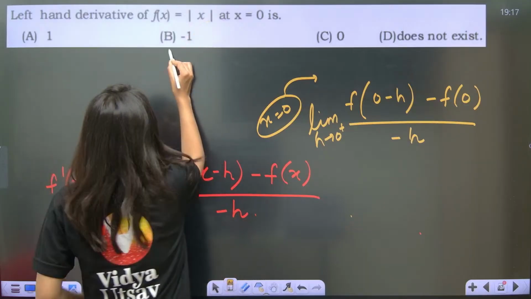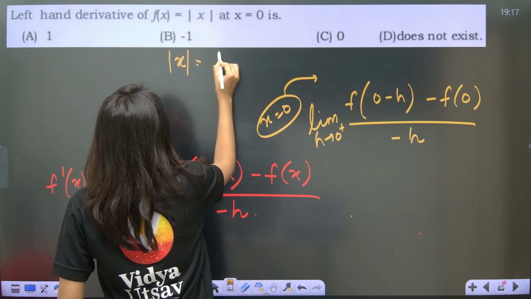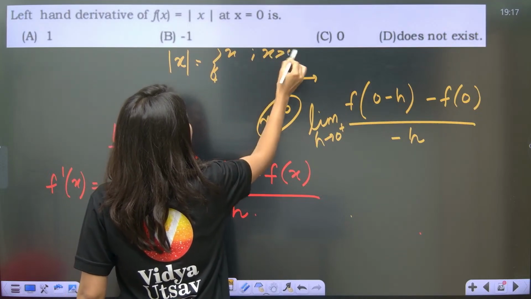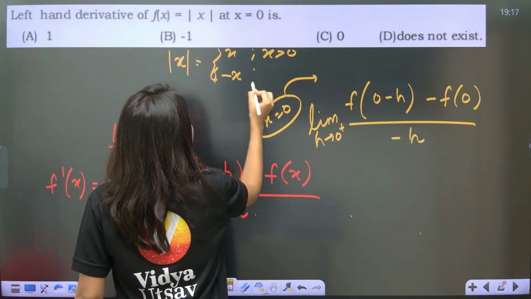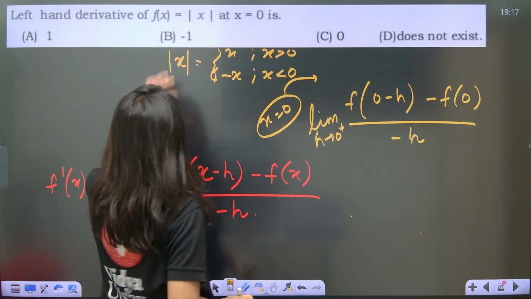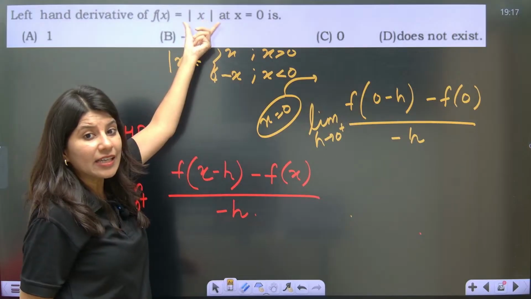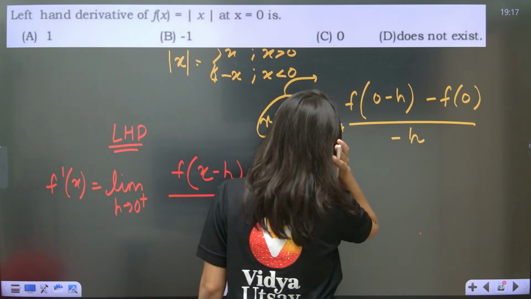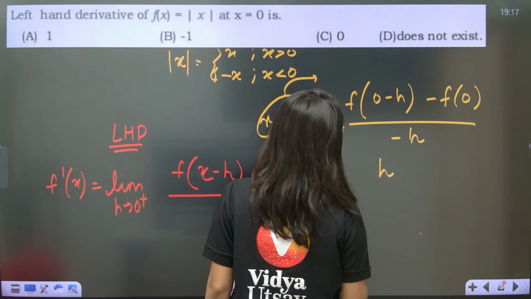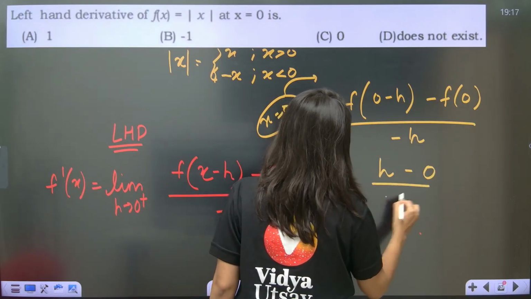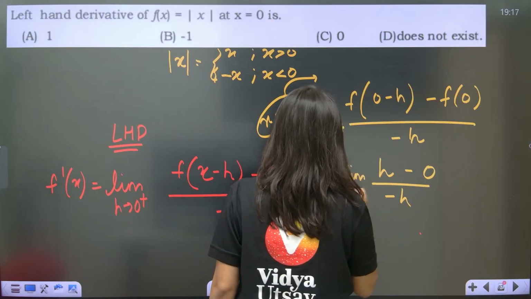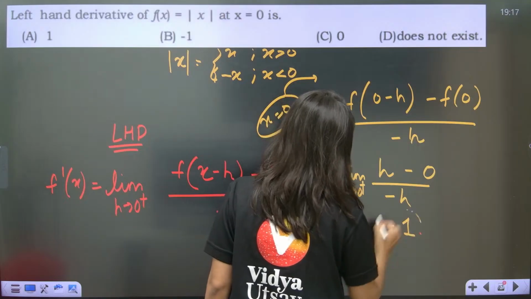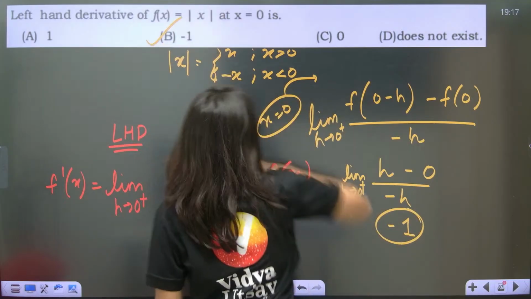Modulus x says that I will become a positive number when I am positive, I will become negative of myself when I am negative. So when your number is negative, modulus will open with a negative sign. So this is h minus 0 upon minus h, limit h tends to 0 plus. This is h upon minus h, so minus 1. The left hand derivative is minus 1.